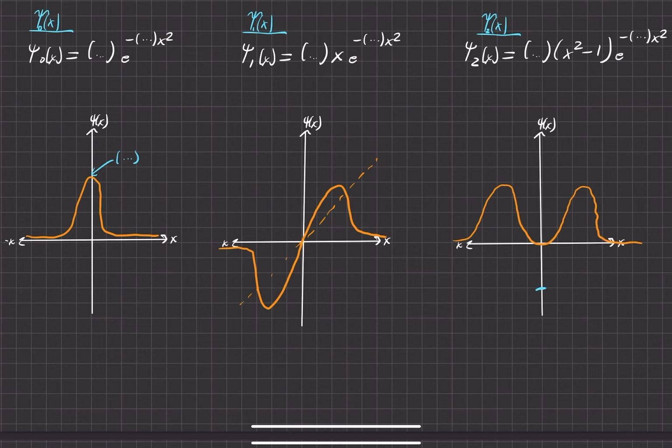So we'll just say this is the negative constant that's out in front. If we redraw our wave function to follow that modulation, it's going to end up looking like that. So those are the different forms of the ground, first, and second excited states of the simple harmonic oscillator for this problem.